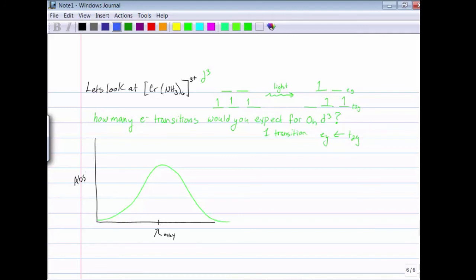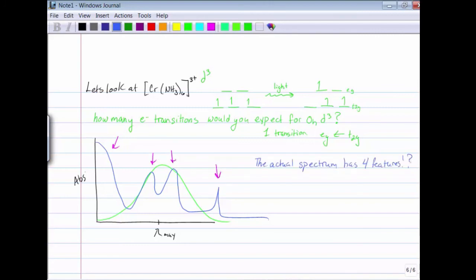The actual spectrum, I know this is just a cartoon, but I'm going to try to draw it, looks like this. There are actually 4 different absorbances, which correspond to 4 different transitions. What the heck? Where are those 4 transitions coming from?